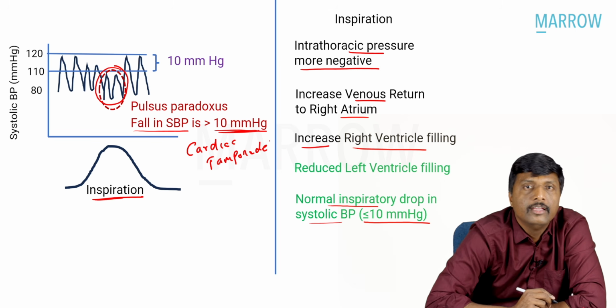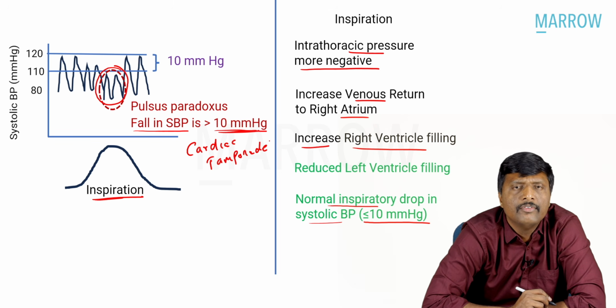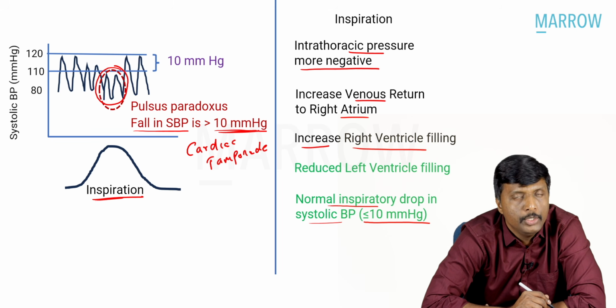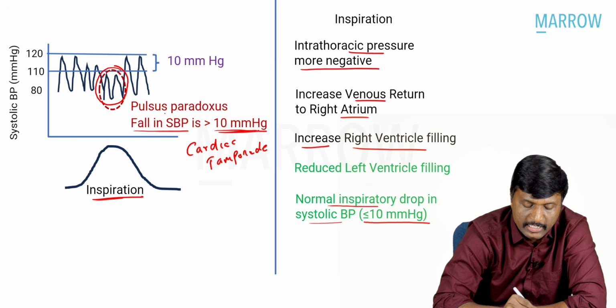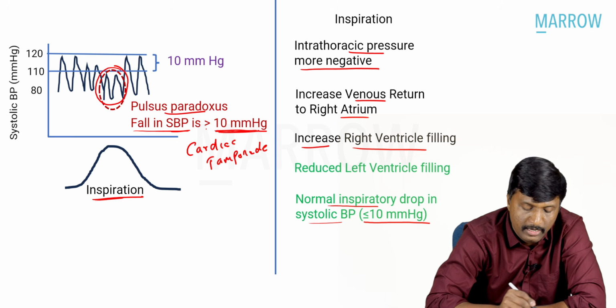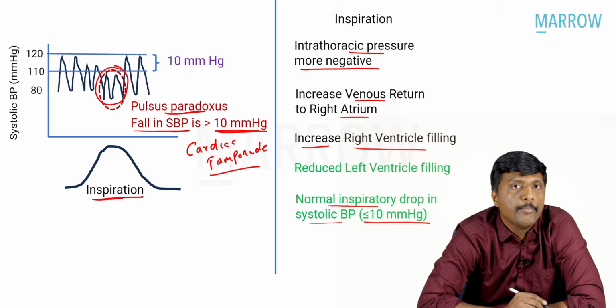Normally, there is a fall in systolic blood pressure during inspiration, which can be up to 10 millimeters of mercury. If the fall is more than 10 millimeters of mercury, we call that pulsus paradoxus. Fall in SBP more than 10 millimeters of mercury, pulsus paradoxus, cardiac tamponade.